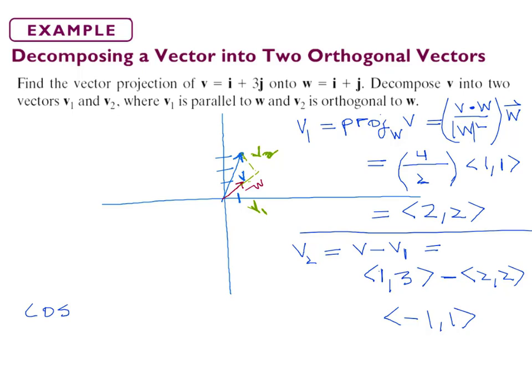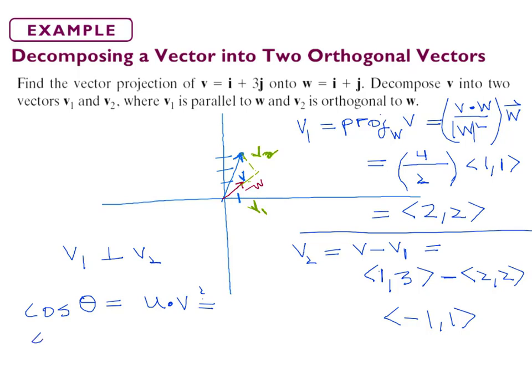If v1 is parallel to w and v2 is perpendicular to w, we want to show that v1 is orthogonal to v2, or perpendicular.